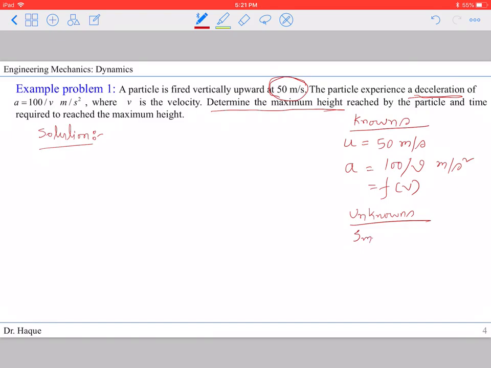So S max is unknown, which is the maximum height reached by the particle, and the required time to reach the maximum height is t. So these are the unknowns. Once we identify the unknowns, now we can plan for a solution.